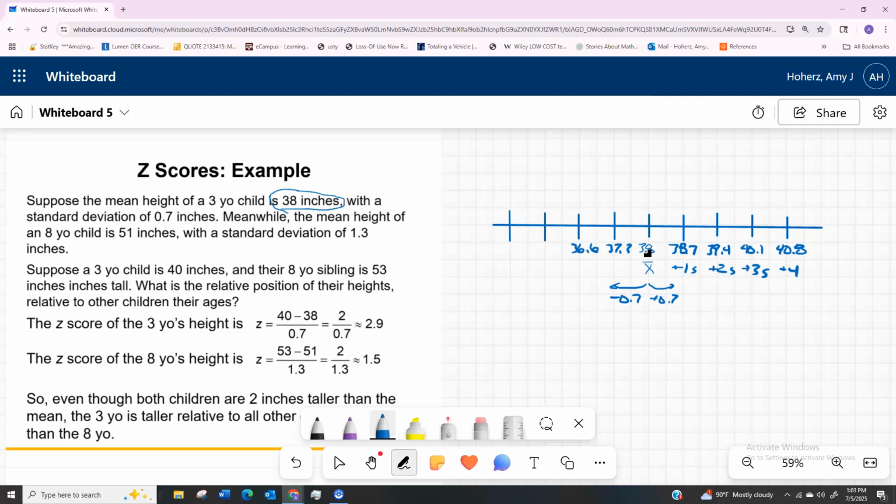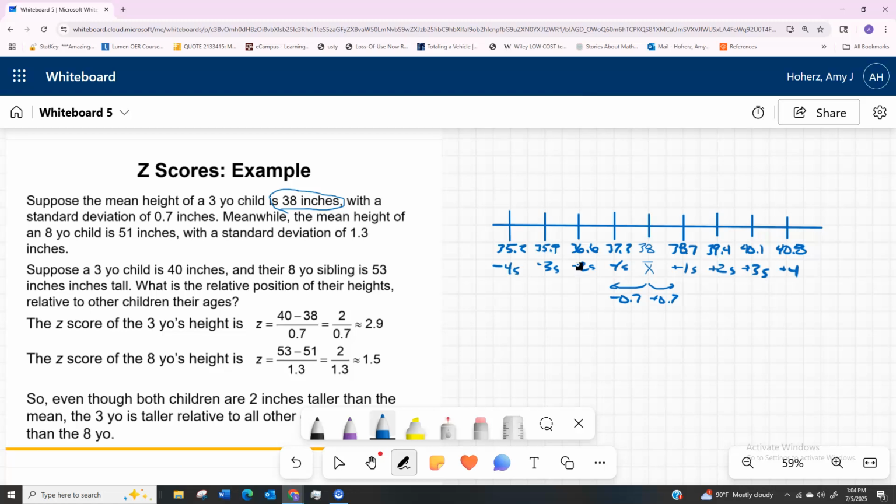And then if we subtract another 0.7, we'll be at 35.9. And then if we subtract another 0.7, we'll be at 35.2. Okay, so we'll mark this. This is minus 1 standard deviation, minus 2 standard deviations, minus 3 standard deviations, minus 4 standard deviations.